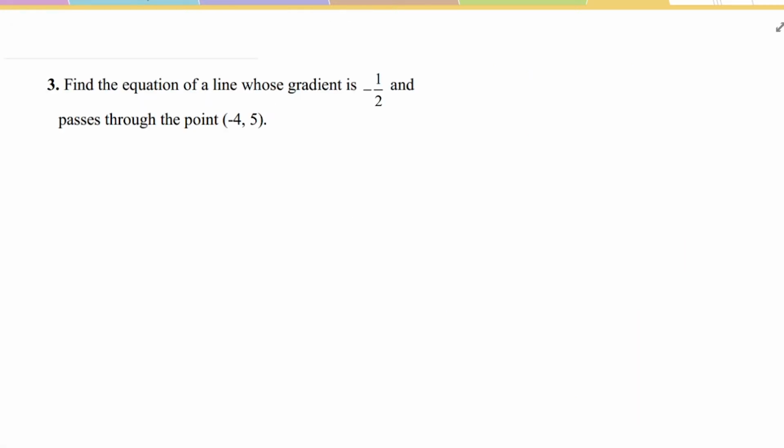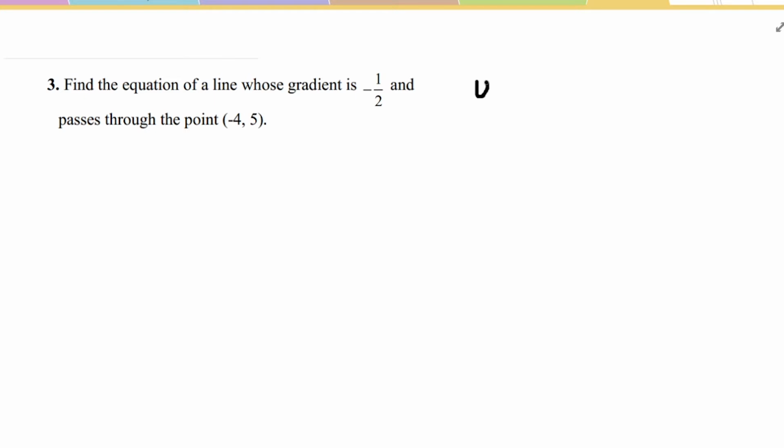So next number, find the equation of a line whose gradient is -1/2 and passes through that point. So we need to find the equation of the line whose gradient is -1/2 and it passes through the point -4, 5. Now we know that we're dealing with the equation of a straight line.